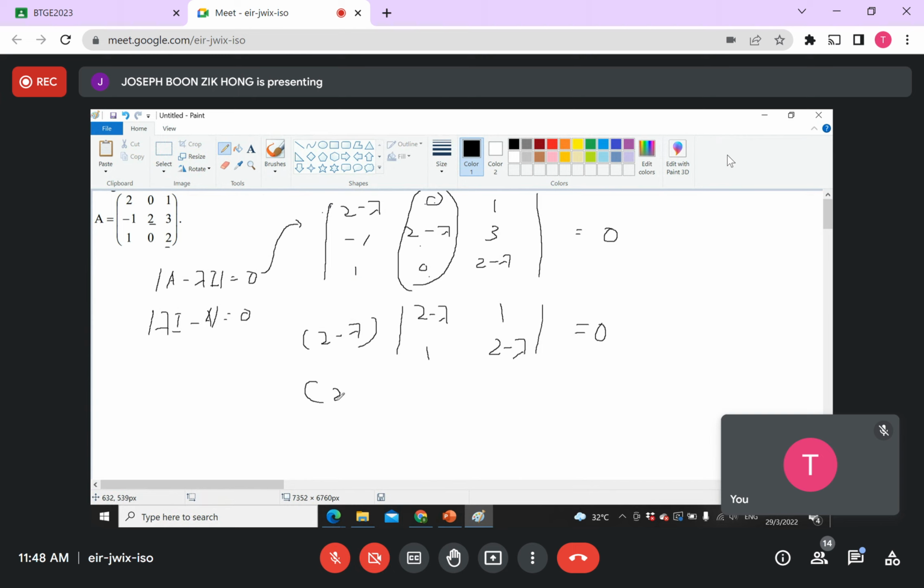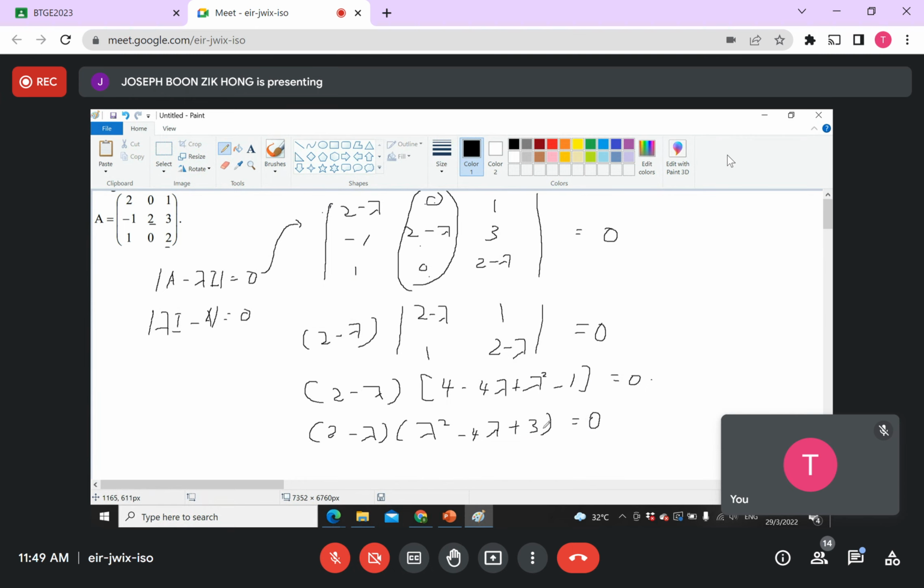So that means it's 2 minus lambda times 2 minus lambda times 2 minus lambda. So I will have 4 minus 4 lambda plus lambda square and then minus 1 equal to 0. So that means I have 2 minus lambda times lambda square minus 4 lambda plus 3 equal to 0.